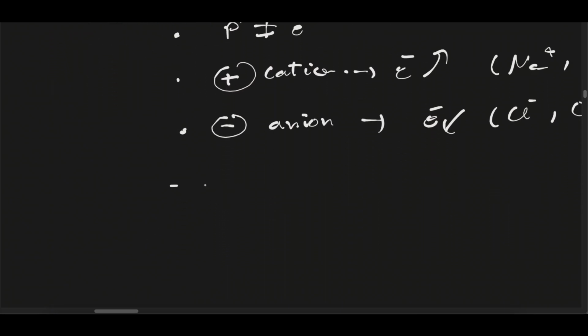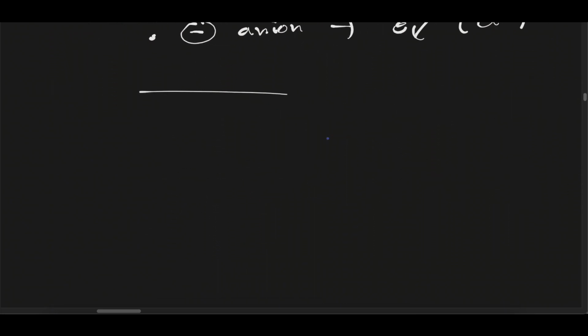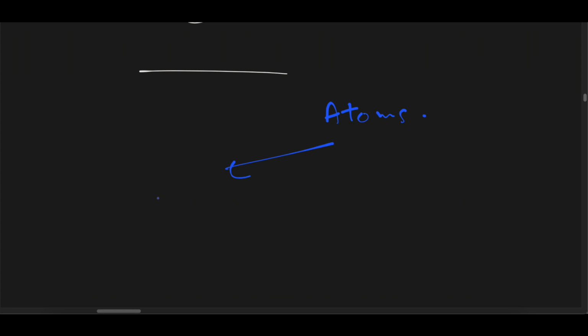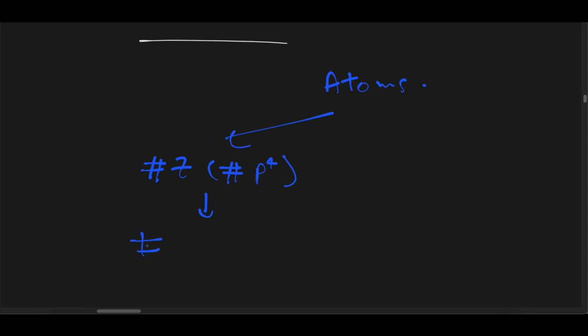So we can summarize what you have seen until now. The atoms can belong to the same element or to different elements. If they have different atomic numbers, which means different numbers of protons, they belong to different elements.